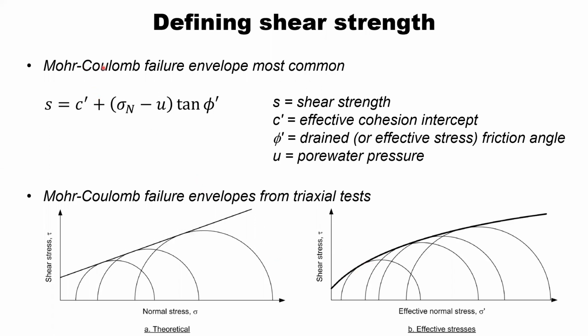This then does not satisfy the Coulomb component, which is this cohesion intercept. So this curved envelope is what we would just call a Mohr failure envelope. We could describe this using a function, or we could describe it using secant friction angles that start from either our cohesion intercept or from the origin and decrease at higher and higher values of normal stress.